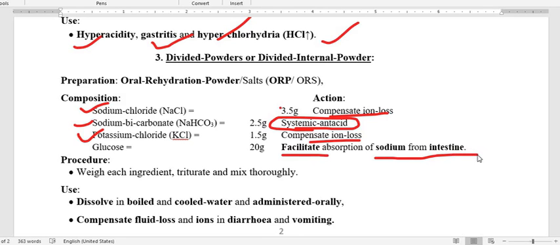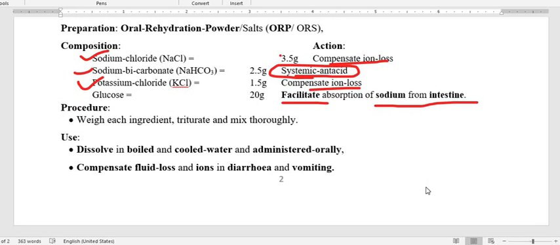Therefore we are using glucose, or we can use a compound like sodium citrate in place of glucose. So this is all about the components used for the ORS, and this is very important. At least you have to know how to make the ORS mixture. The same procedure of preparation is used.